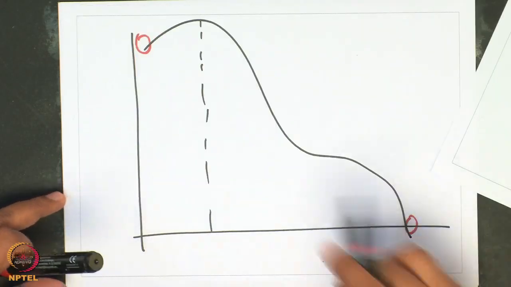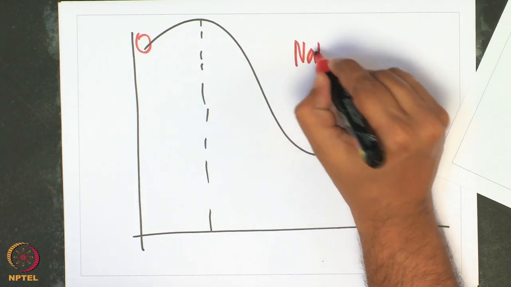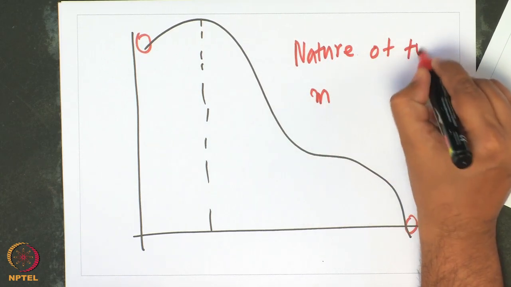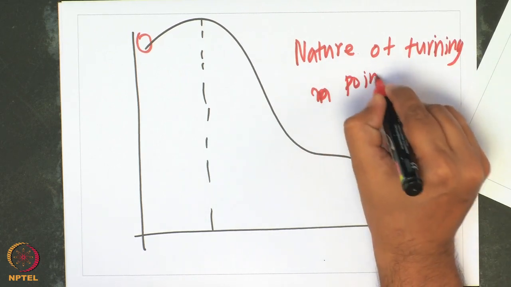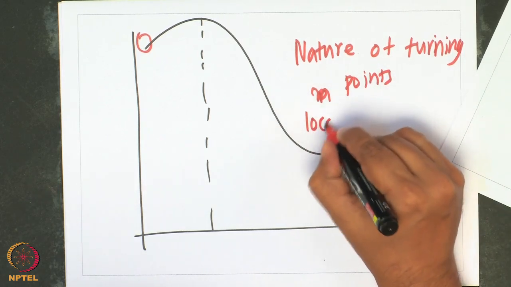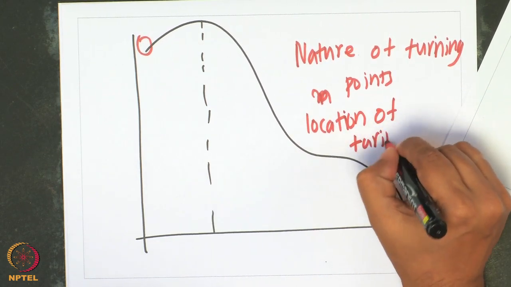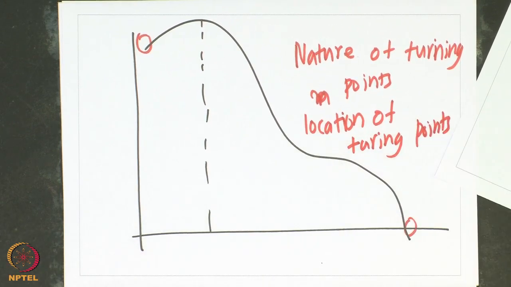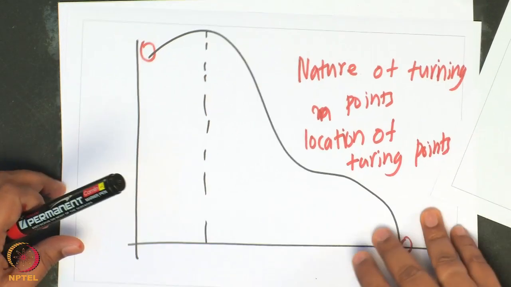So, the nature of the turning point, whether it is a maxima or minima, and where the turning points are, matter. There could be turning points of different kinds, and different locations of the turning points. If you know this kind of stuff, we would be able to draw different curves.